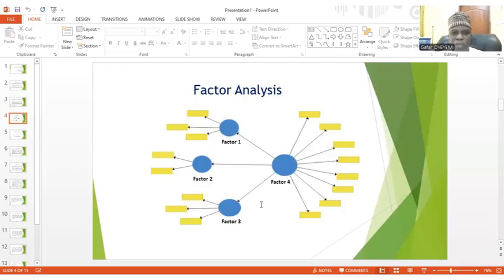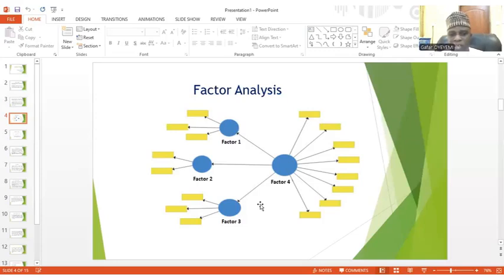So on display is a diagram of factor analysis. The yellow rectangular boxes are the items or the variables that we measured, while the blue circles refer to the factors that were extracted from those measured variables.